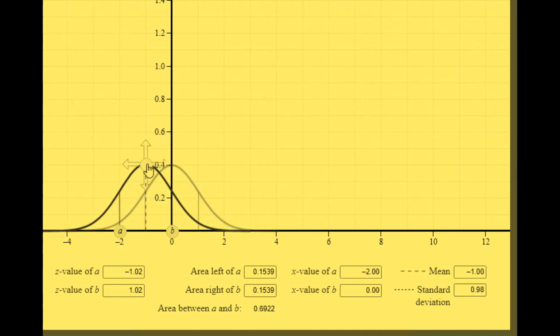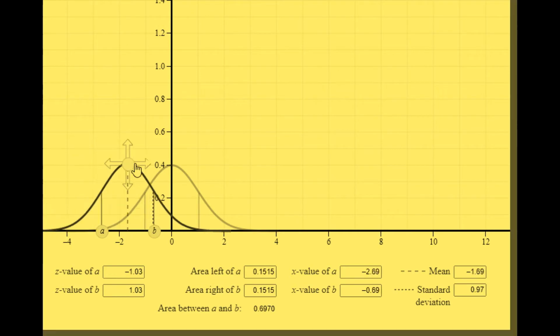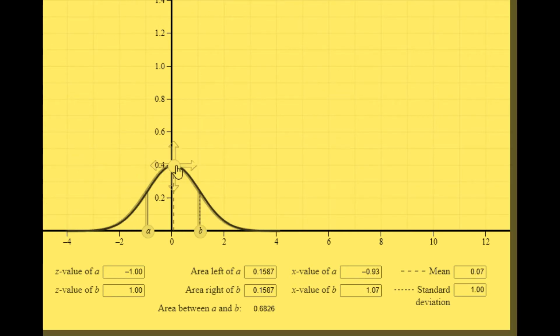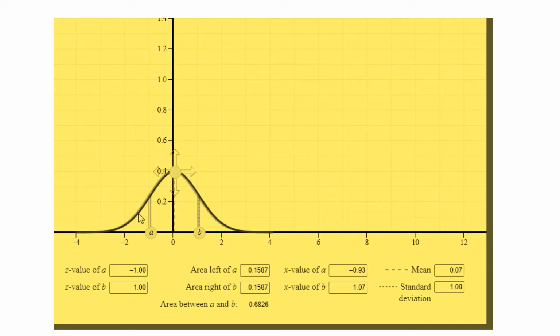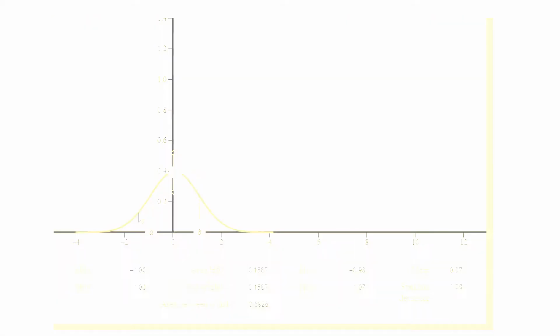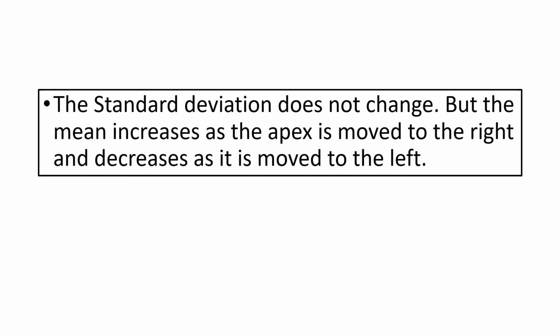Since the shape of the curve is the same, the standard deviation is not affected, but the mean changes. The standard deviation does not change, but the mean increases when you move the curve to the right and decreases when it is moved to the left.